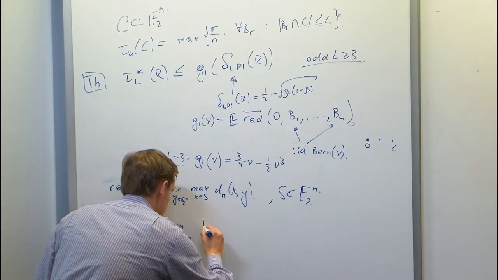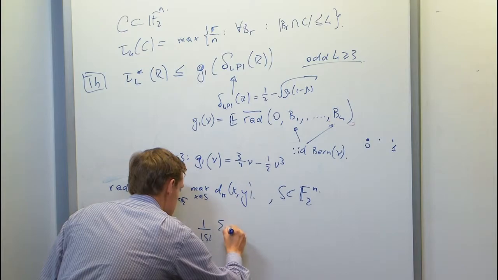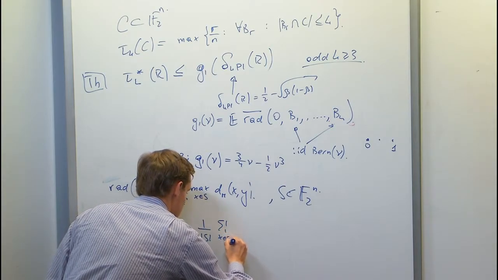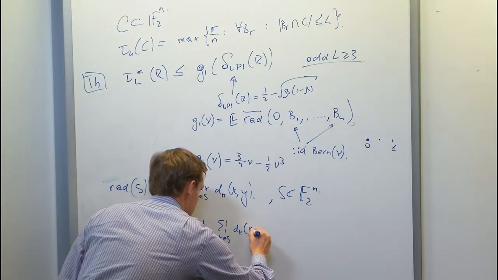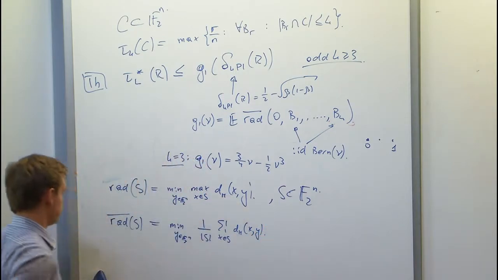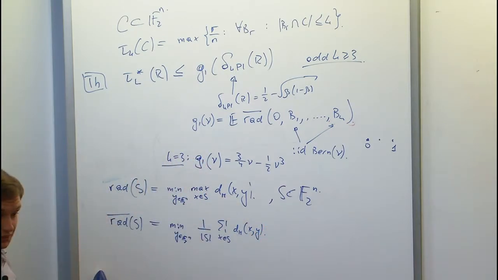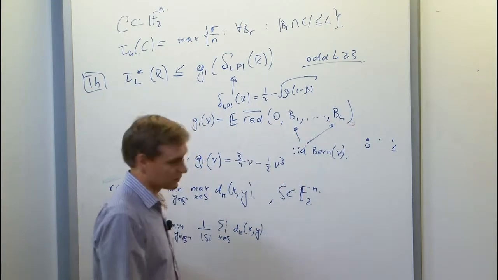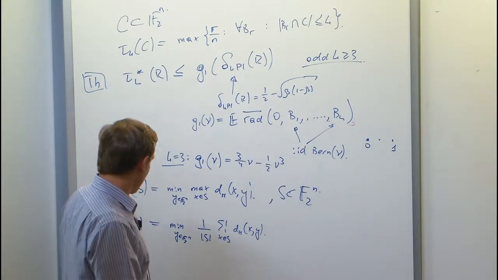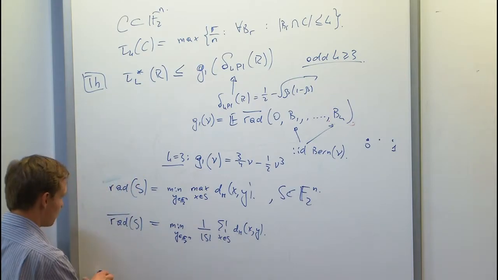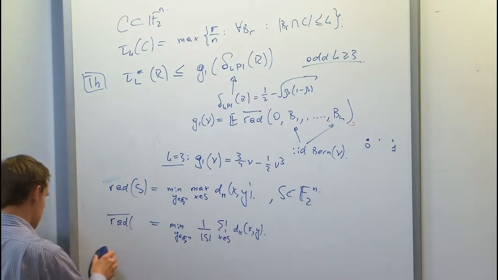And here you just compute the average distance to y. You define the radius of a set, but what appears there looks like a vector. Good point, this is bad notation.